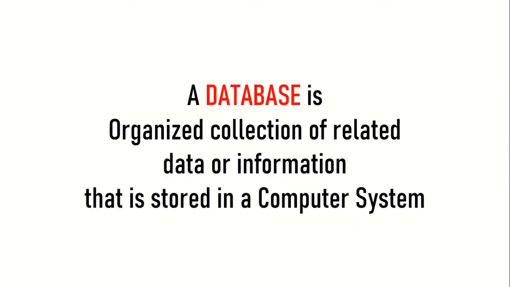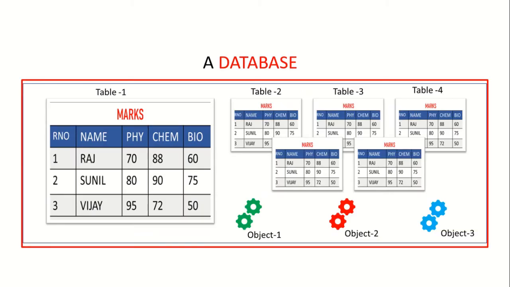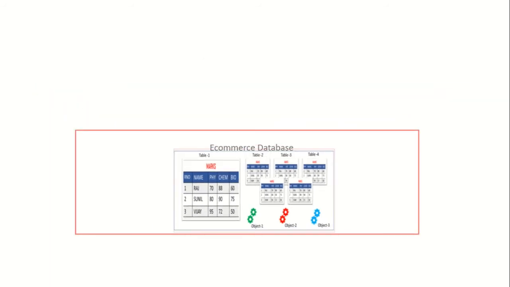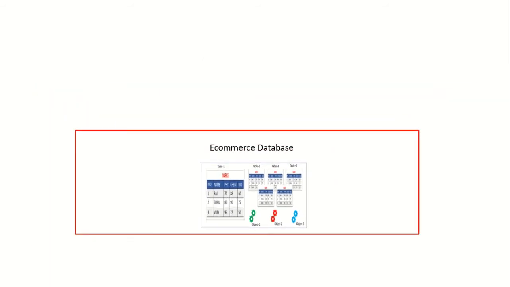A database is an organized collection of related data or information that is stored in a computer system. A database, as we know, is a collection of many objects. This database may be in relation to e-commerce.